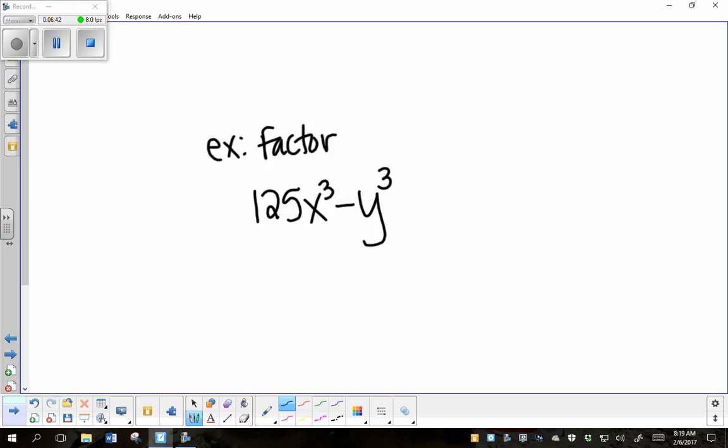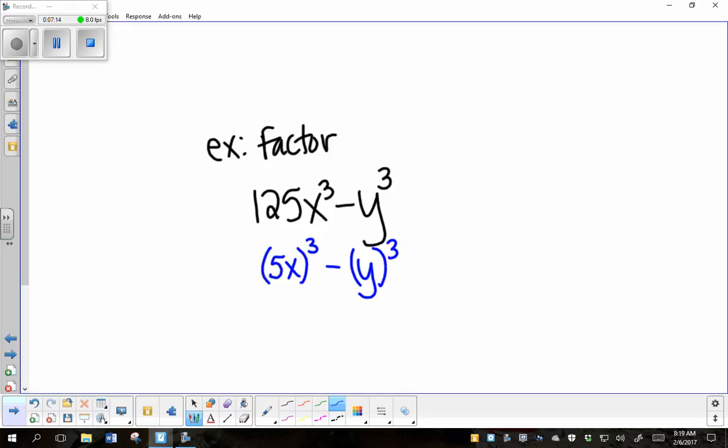At some point, we want to get to where we can look at this and think, hey, that's a difference of cubes, because I see these two variables cubed, the x cubed and y cubed, and 125 is a perfect cube. Because if I wanted to get 125x cubed, I could take 5x and cube it, because 5 cubed is 125, and x cubed is x cubed. And then y cubed is an easy one. That's just y to the power 3.